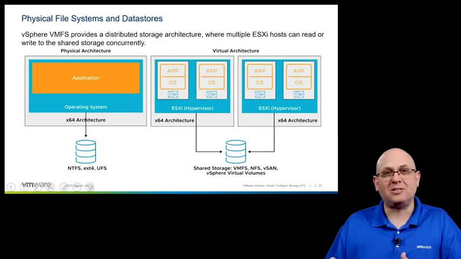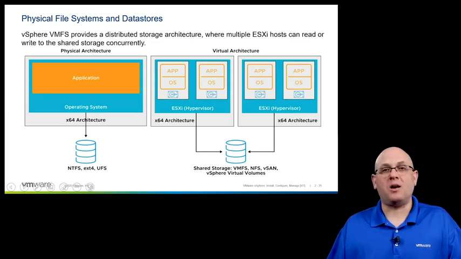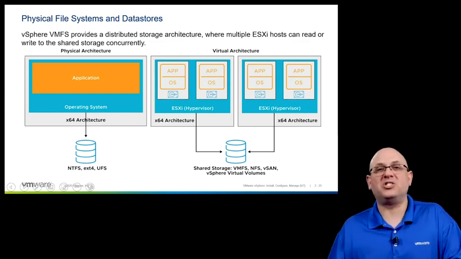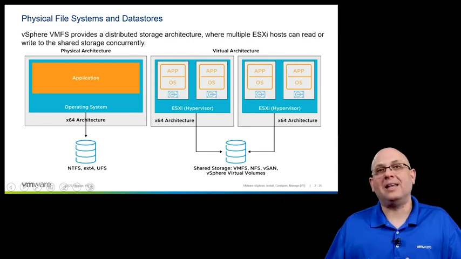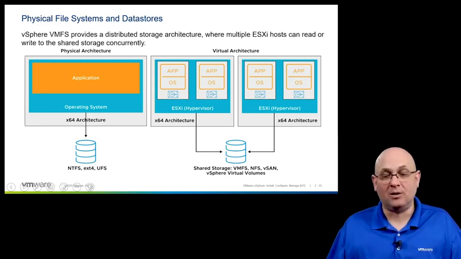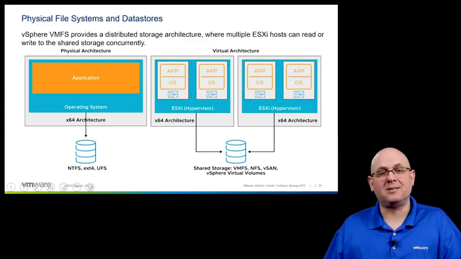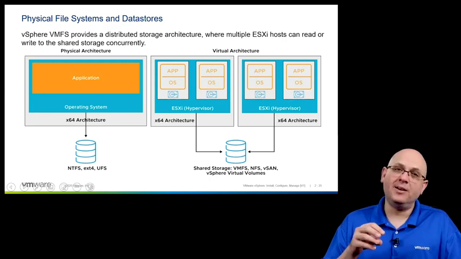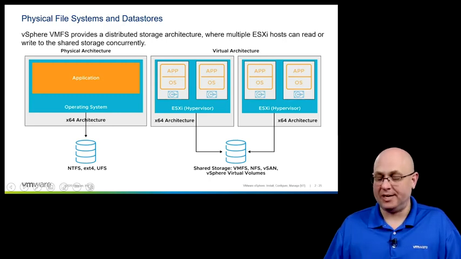Now, there are some exceptions to this, and we're going to talk later on about thin provisioning and thick provisioning and different ways that we can lay those virtual machine files off on the data stores. But you get the picture, right? That's the basics of how we handle storage for virtual machines.